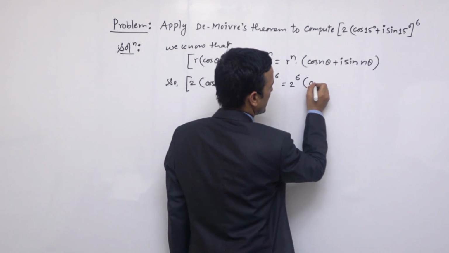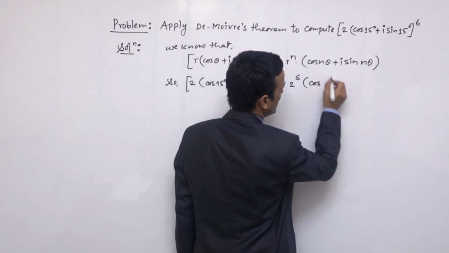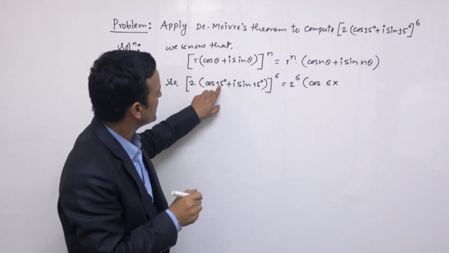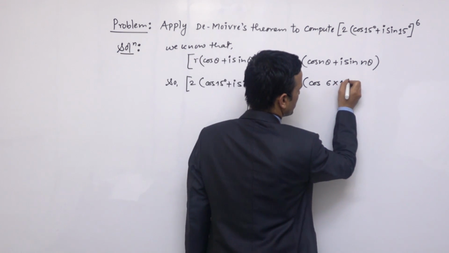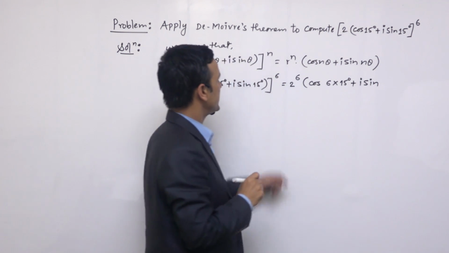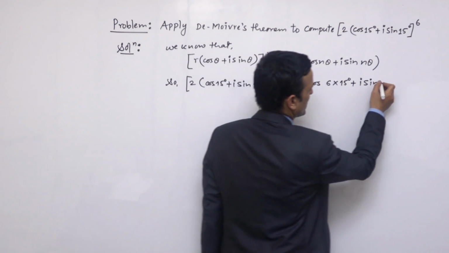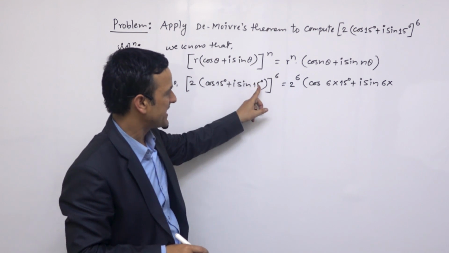Then after cos n, value of n is 6, so 6 into theta, here theta is 15. Theta को प्लेसमा 15 छ. So write down 15 degree plus i sine, value of n is 6, so write down 6 and theta, value of theta is 15.